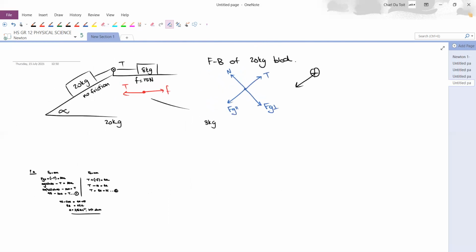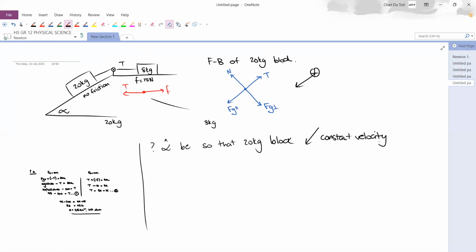And I'm going to ask you, what should the angle alpha be so that the 20 kg block slides down at a constant velocity?